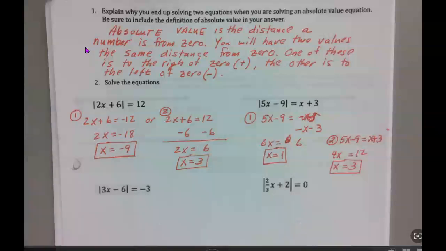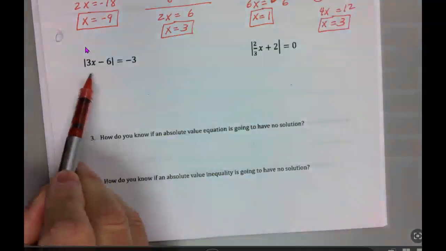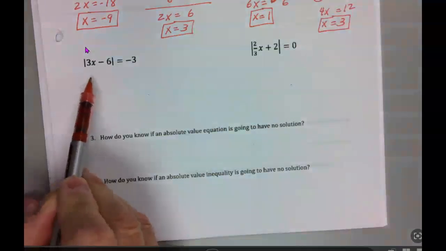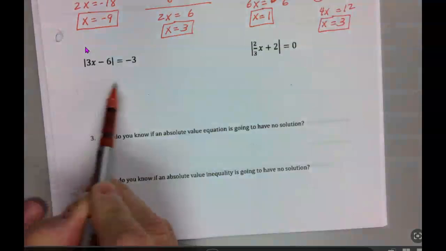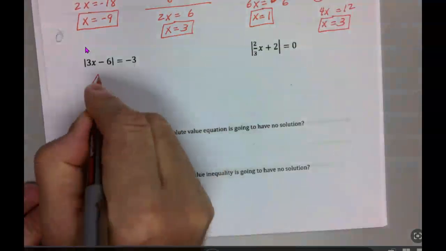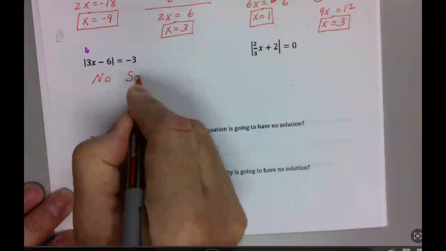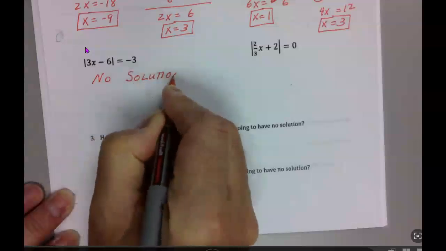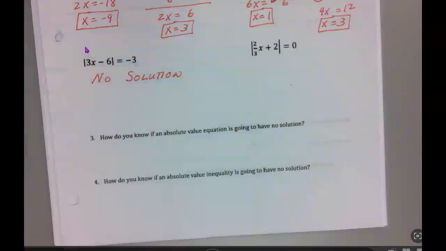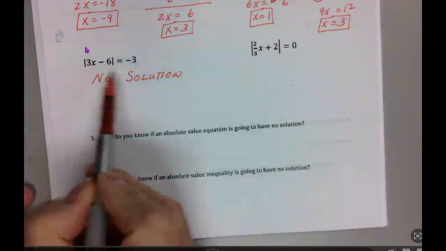Does that make sense? So just like this one here, no matter what I get for x here, if I plug it in, am I ever going to get a negative to come out of there? So this one here is no solution. Because distance can never be negative. Now you might get a negative solution, but when you plug it back in, it better not give you a negative.